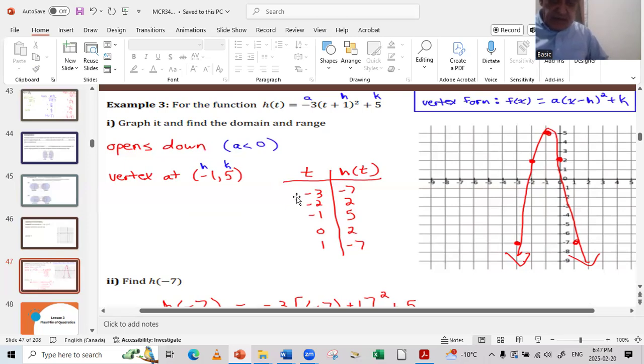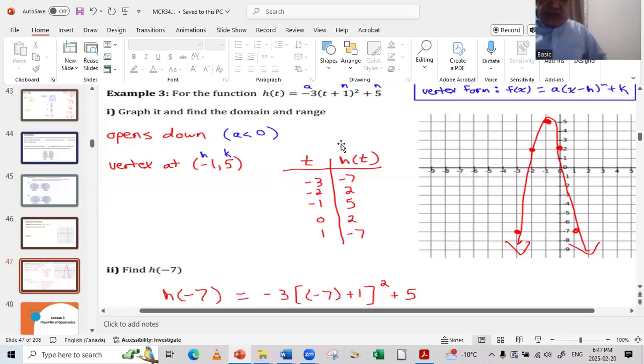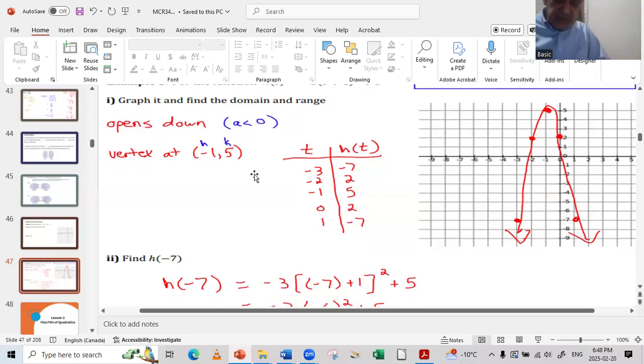Likewise, what I did in this figure, the vertex is usually the number inside the bracket with the opposite sign, and the number outside. So if I want to get the vertex without solving, I can get it from here. This will be minus 1, and I will take the 5.